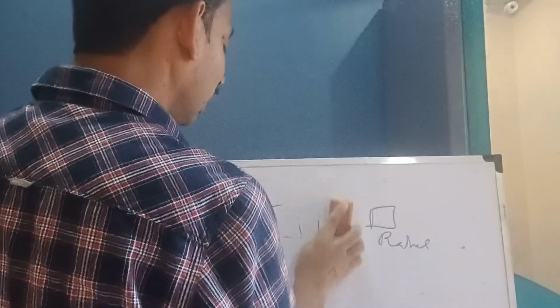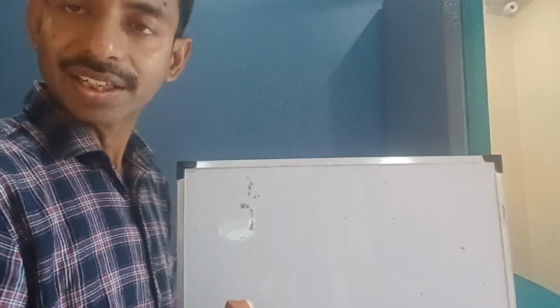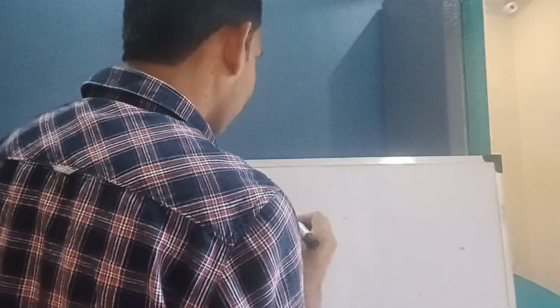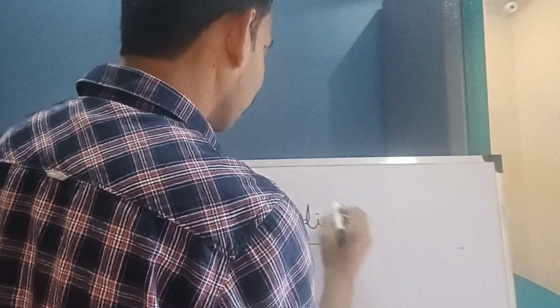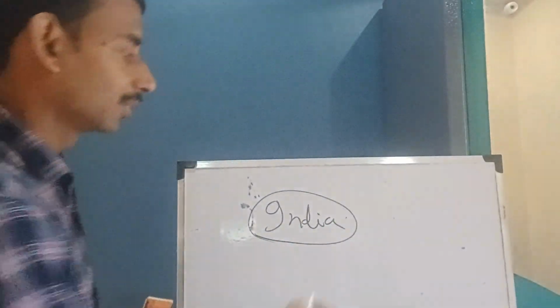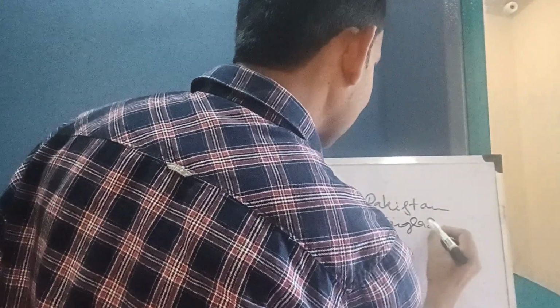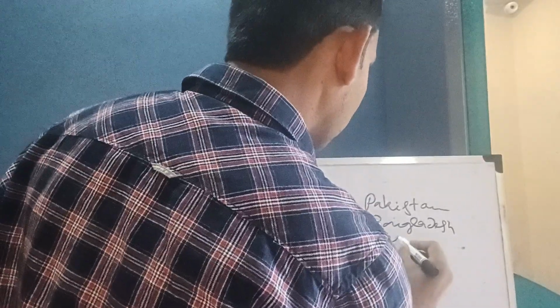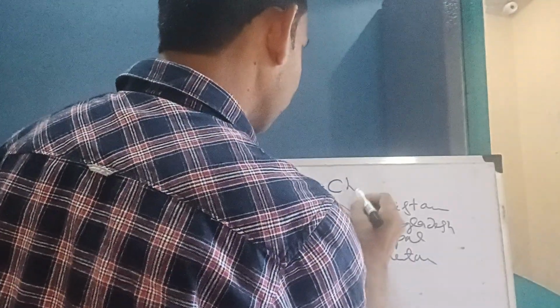Every country has a border, and after the border, a neighboring country. Say our country, India. India's neighbors are obviously Pakistan, Bangladesh, Nepal, Bhutan, China.